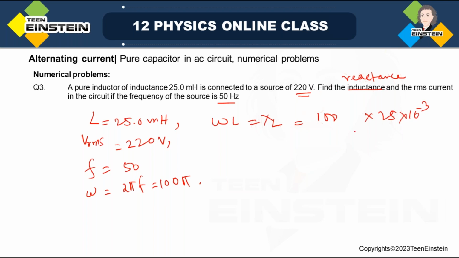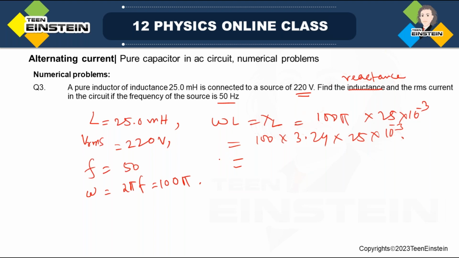So we write 2 pi f, 100 pi it is, 100 into 3.14 into 25 into 10 to the power minus 3.